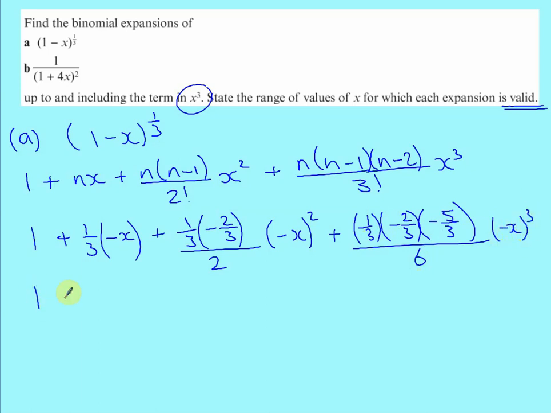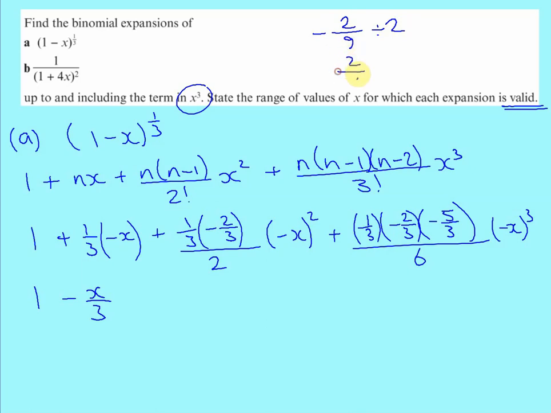Okay, so we've got 1 minus x over 3. First two are always pretty easy. Now, this is 2/9. I'm going to pop it up here. So 2/9, and we're dividing by 2. Or minus 2/9, okay, it doesn't matter, I can sort the sign out in a minute. So 2/9 divided by 2.